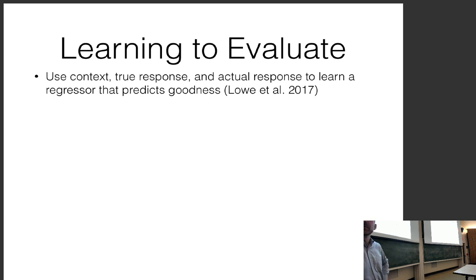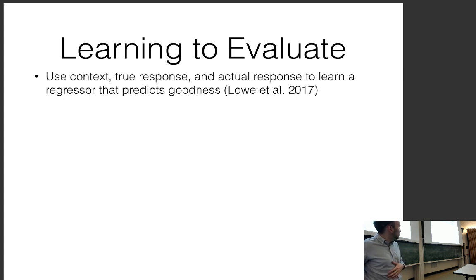You can view BLEU or whatever other evaluation metric as essentially a regressor from a response that a human created and the response that the system generated to an evaluation score, right? So it takes in these 2 values and gives an output.